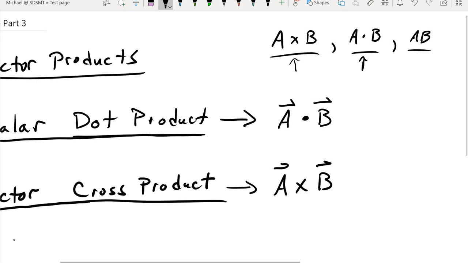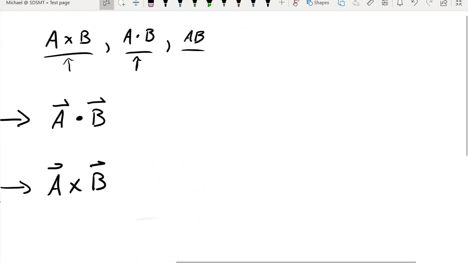We should never see this third method when it comes to vector multiplication, because if I just have two vectors standing side by side, that may indicate a product, but it doesn't specify which of the two versions we have to carry out. That's important because one version produces a scalar, the other produces a vector, and the way we produce the outcomes of these products is a little bit different for each.